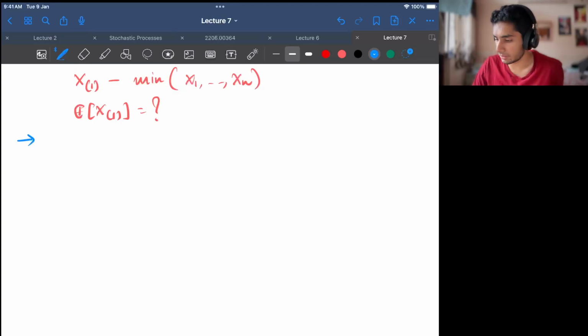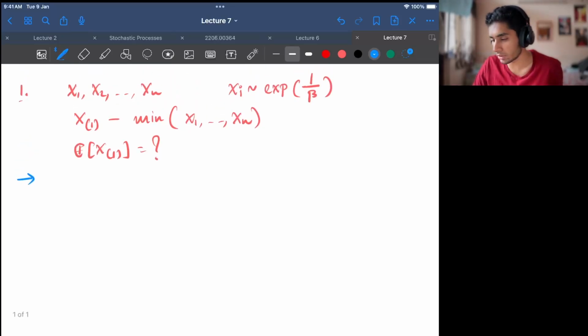Whenever you have to find the distribution of a random variable which is the nth largest or nth smallest, this is something called order statistics.